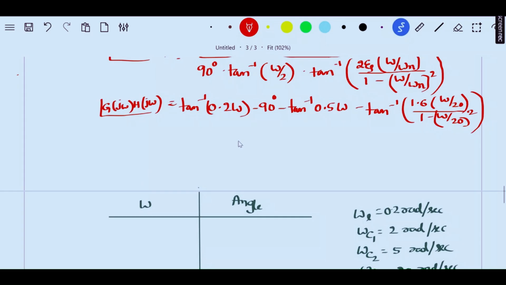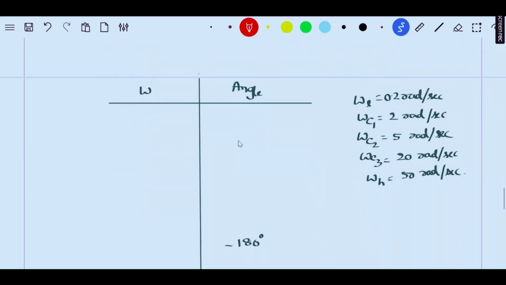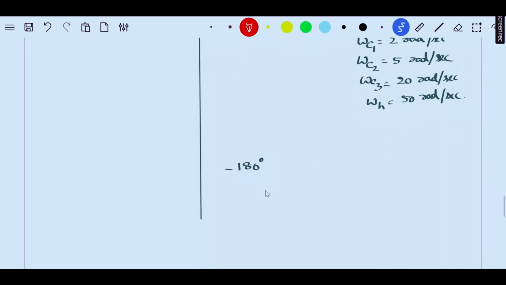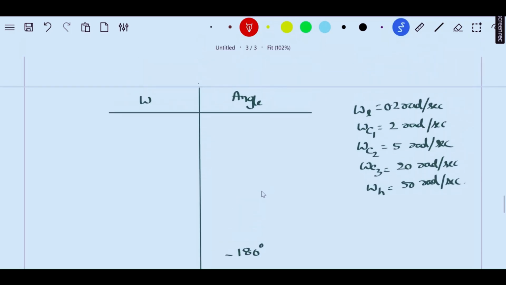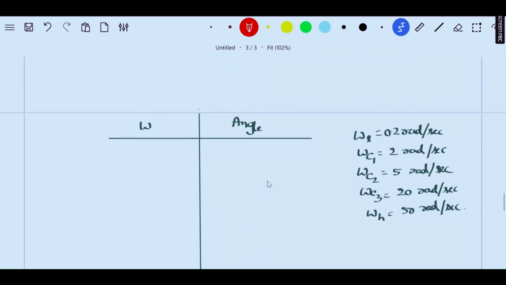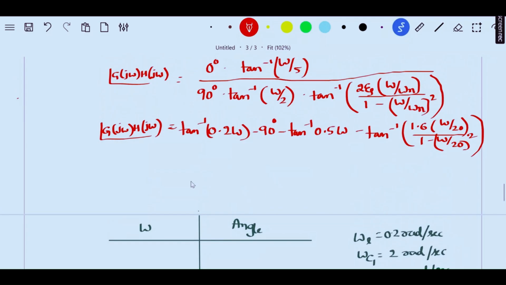Now let us decide what value of omega will give minus 180 degree. This is what we need to do always when we plot the phase. We need to check for what value of omega minus 180 degree will be obtained. So just consider omega equals 17 and check what you get.